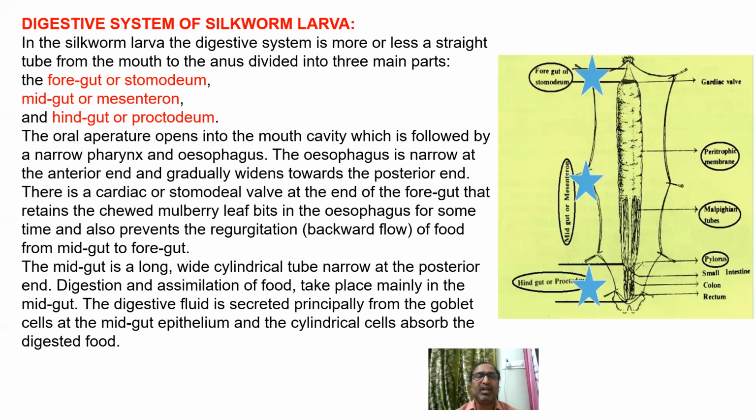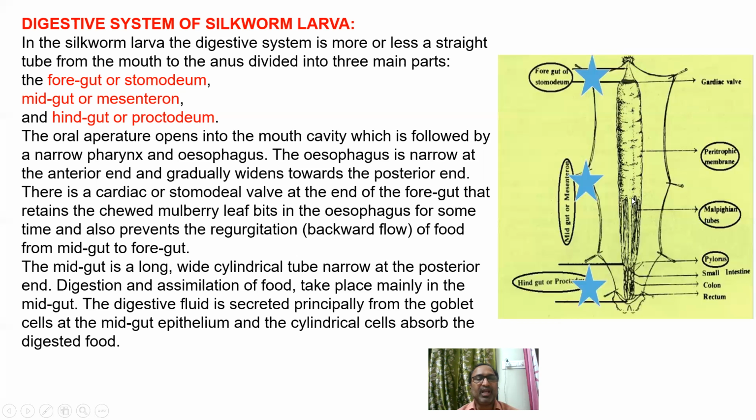The esophagus is very narrow at the anterior end, see here, and gradually widens towards the posterior end. Here it is small and narrow, and by the time it comes here it becomes very large.